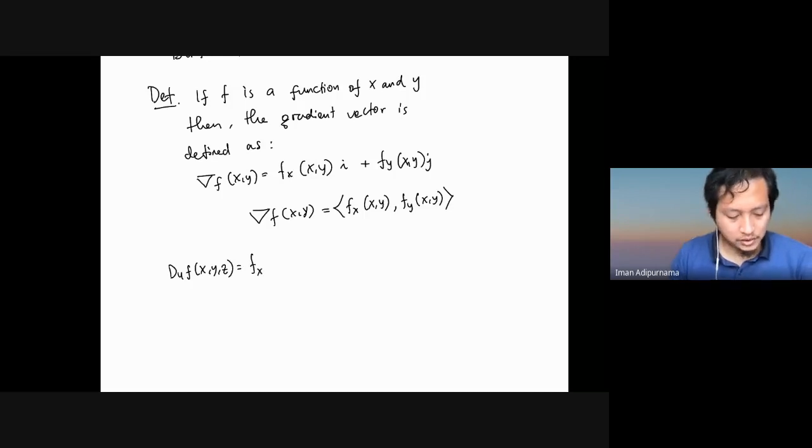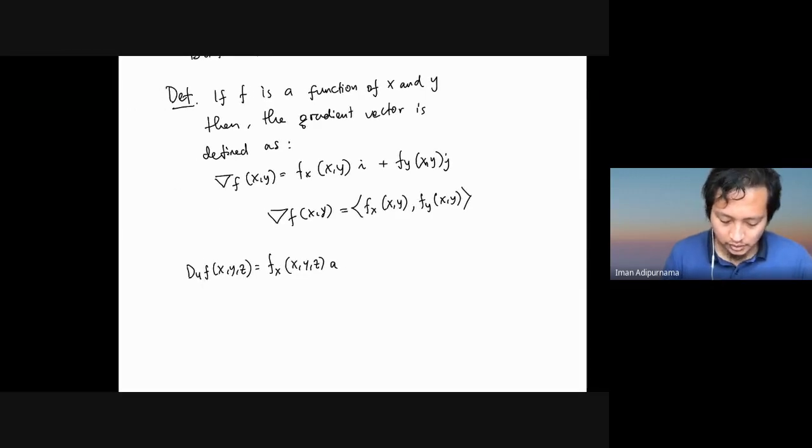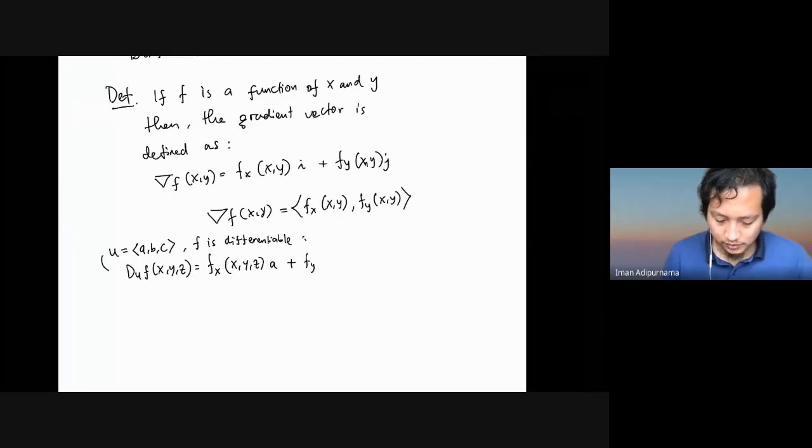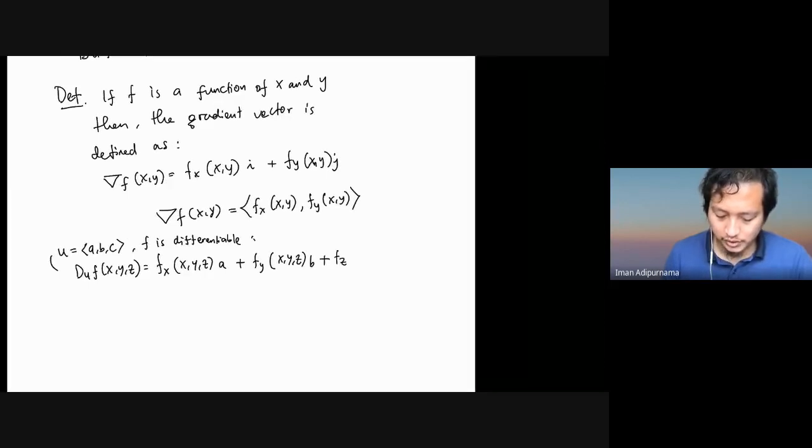I'm skipping some theorems and concepts that are similar to what we have done before, so I hope you understand that. Let's say u is A, B, C, and f is differentiable. We can show this and make it into 3 separate partials, x, y, and z.